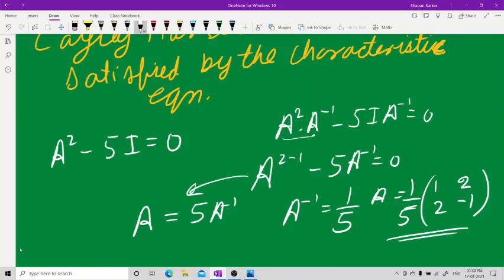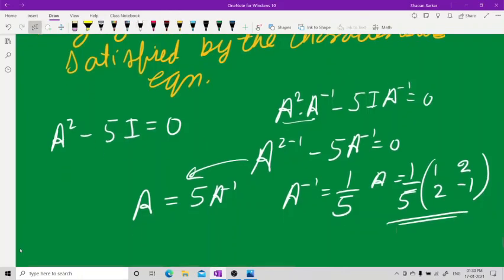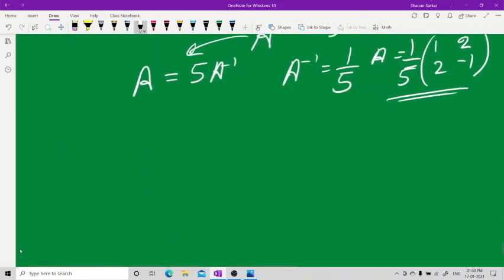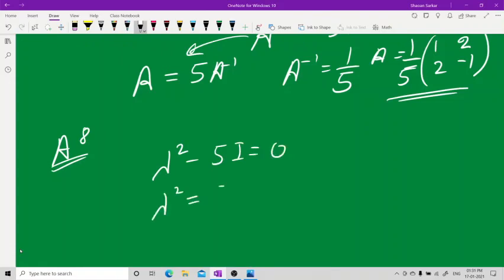This is A inverse. Now I have to find A to the power of 8. I already know A square minus 5I is equal to 0, so A square is 5I from the characteristic equation. Now I take the square of this. So A to the power of 4 will become 25I. Now I'll take the square of this again.